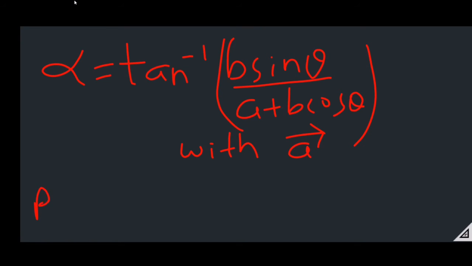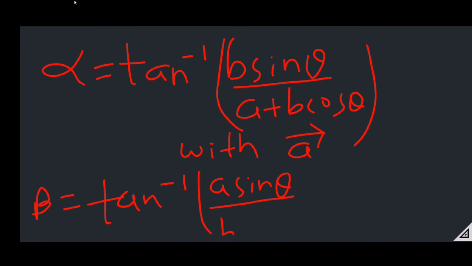And beta equals tan inverse A sine theta upon B plus A cos theta. So this is the direction with B vector. So this is the direction of the resultant R vector. So it is the formula of the direction of the resultant. I think you have understood.